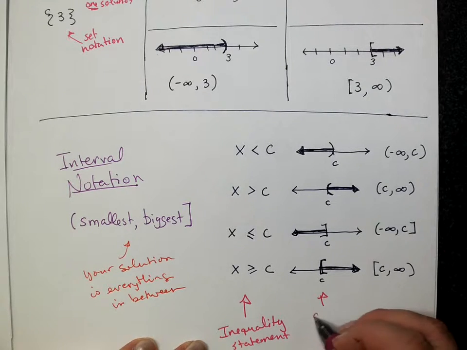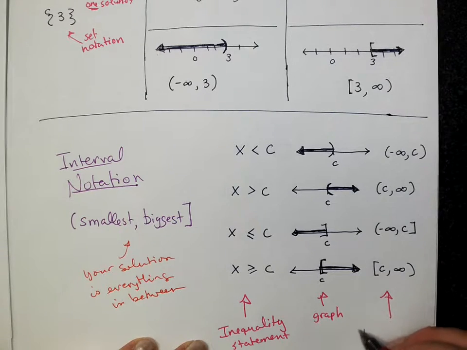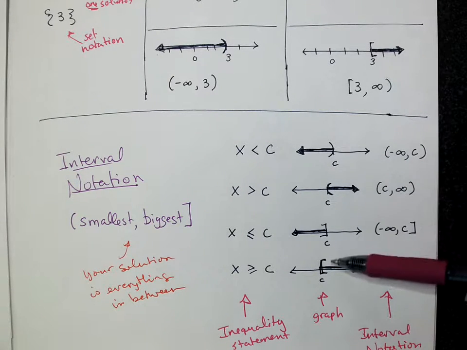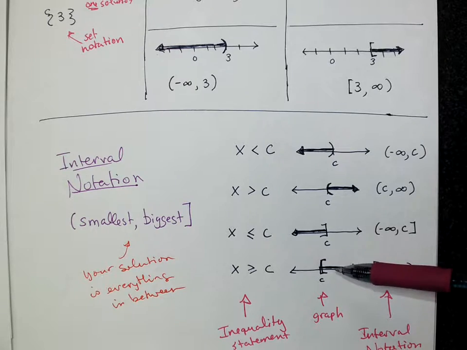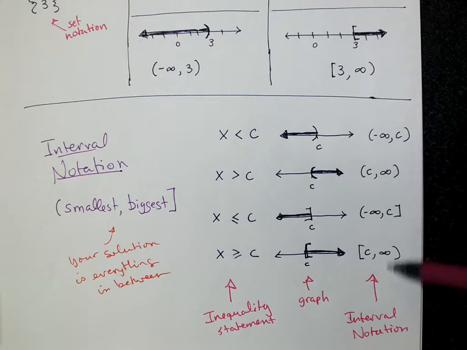And of course, this is its graph, and this is written in interval notation. Now, a graph can be done either with open and closed circles or with interval notation. For our purposes moving forward, we're going to use only interval notation. So it's a graph here in interval notation, and it's related to pure interval notation lifted off the graph.